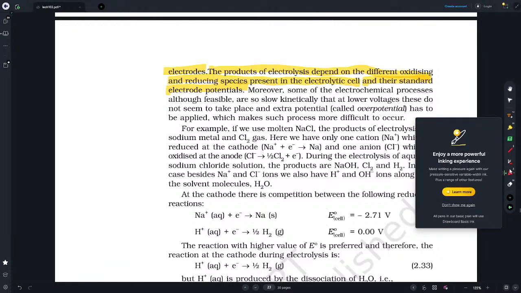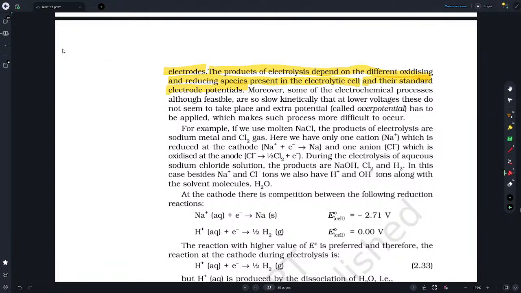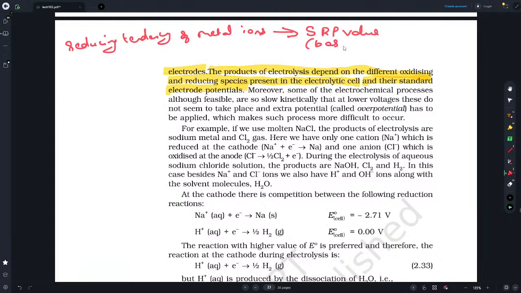The standard electrode potential, according to IUPAC, is nothing but the reducing tendency of metal ions, which is nothing but the SRP value, and this SRP value is based on hydrogen.